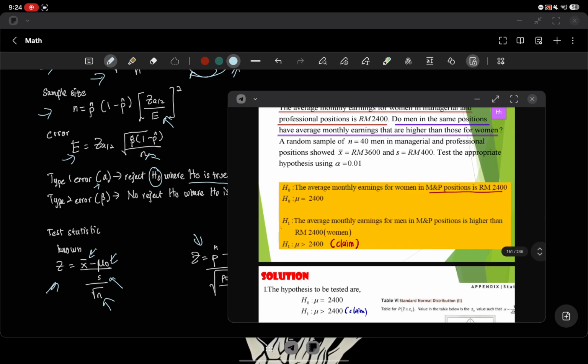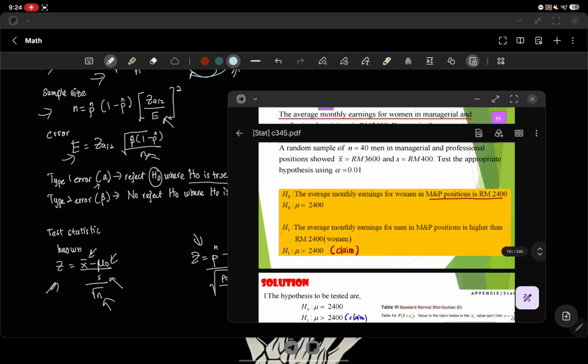So our mean average monthly earning is 24. So are men earning the same? We are saying that men are not earning the same, so we need to have two hypotheses. One is where the case is the same, or the case is supporting the statistic or the argument that we are bringing.